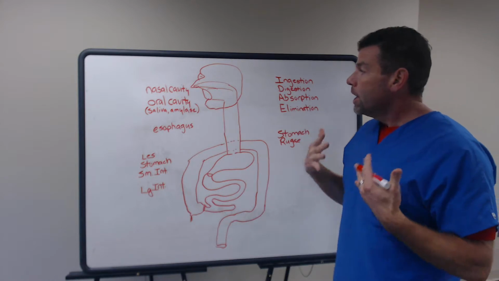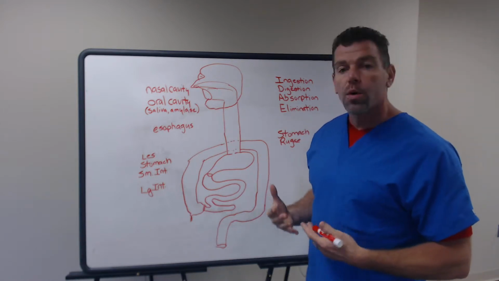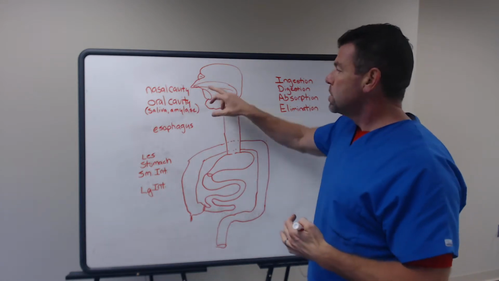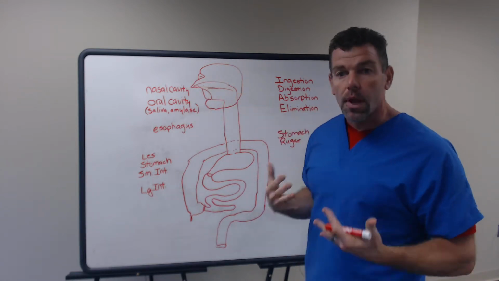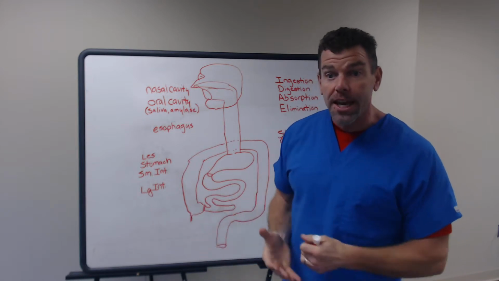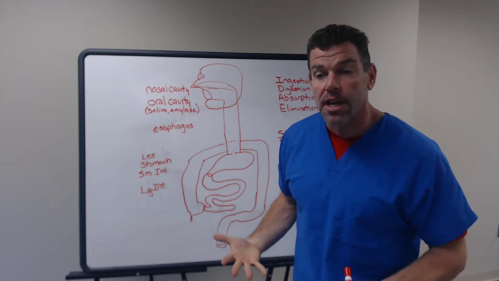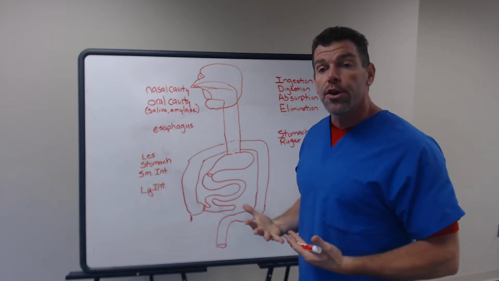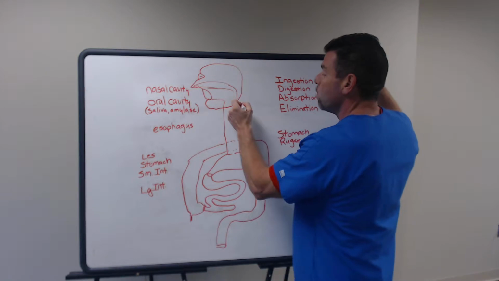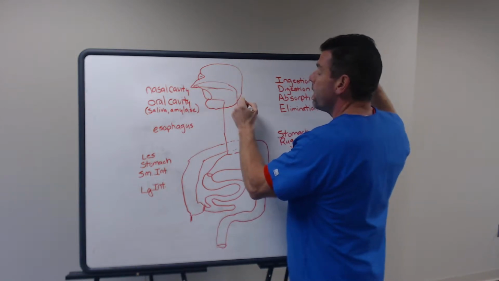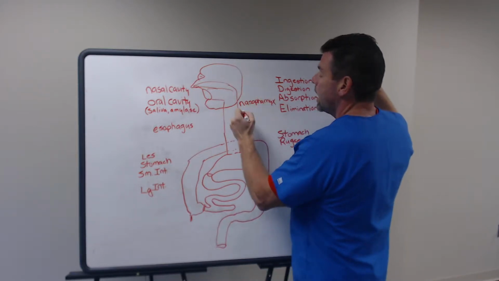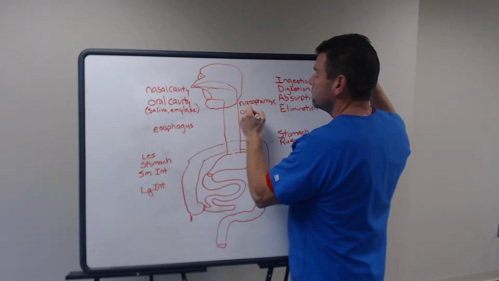And so it all starts in our oral cavity. Now, my real rudimentary diagram here shows the nasal cavity. Of course, if you're a little kid, you can ingest your peas through your nose, for example, because ultimately the nasal cavity is going to join with the oral cavity and form the nasopharynx and the oropharynx.